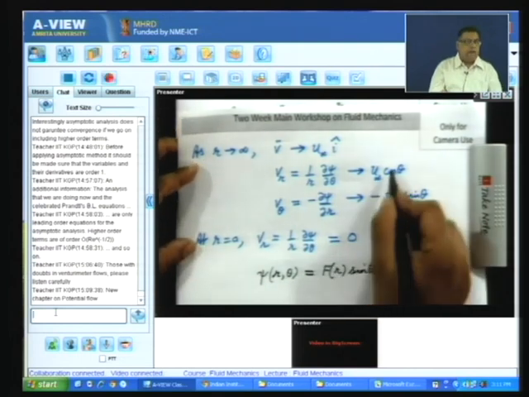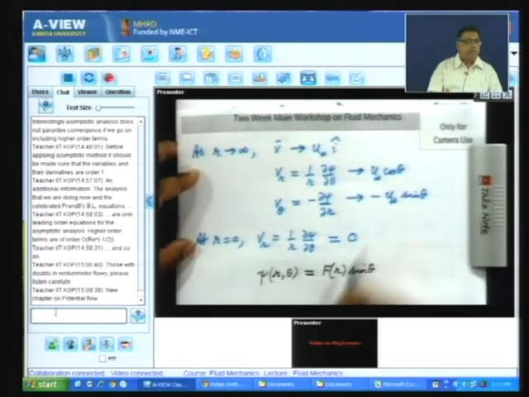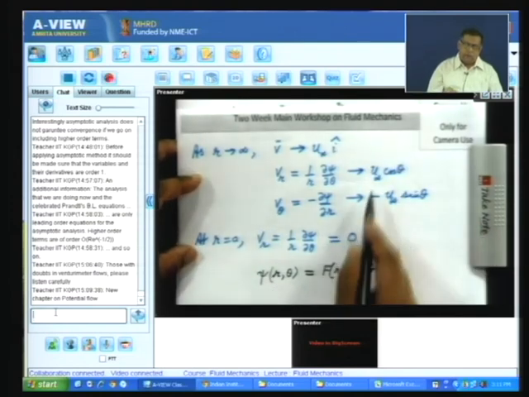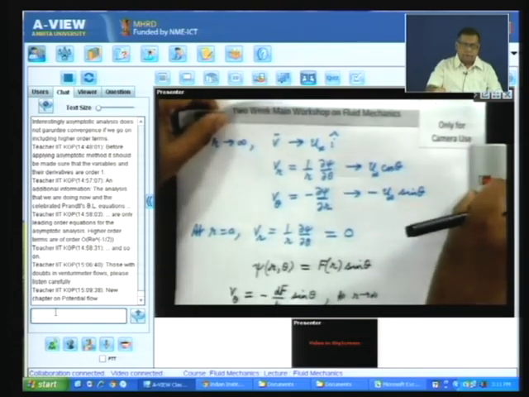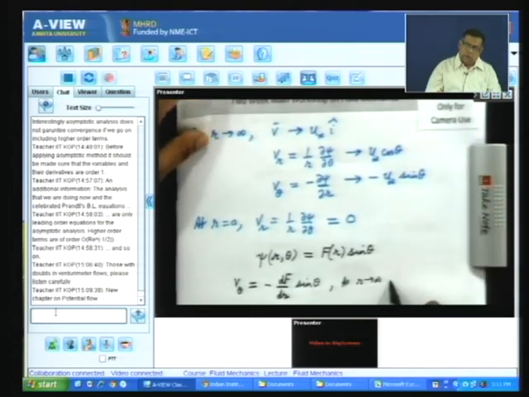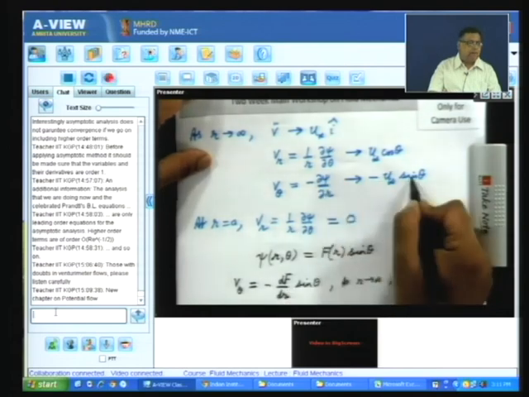This form will satisfy these boundary conditions, because from here you see that V theta will be minus del psi del r, which is minus df dr sin theta. So, that means we can say that as r goes to infinity, your df dr will approach u infinity. If df dr approaches u infinity as r goes to infinity, it will satisfy this condition.